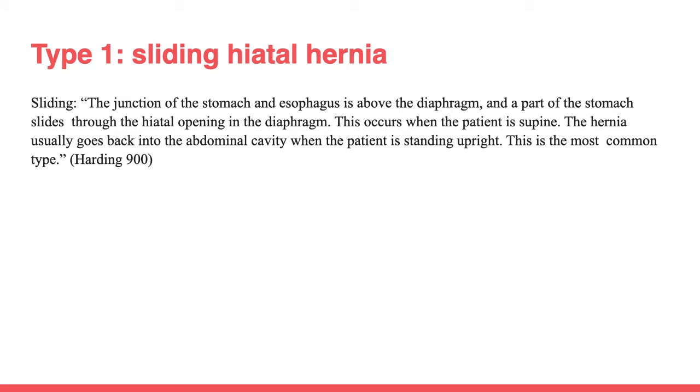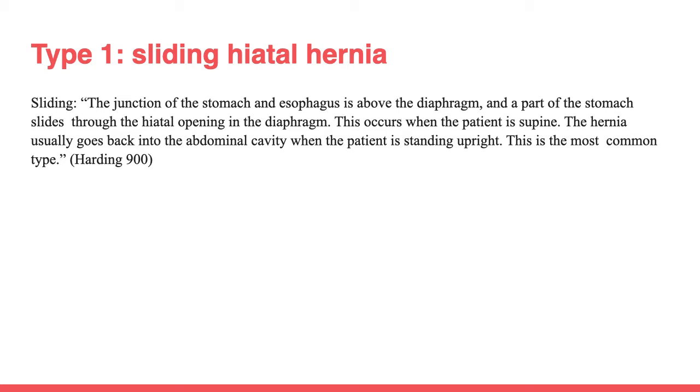Okay, and so now I'm going to dive into the first type of hiatal hernia, which is a sliding hiatal hernia. According to the textbook, it's when the junction of the stomach and esophagus is above the diaphragm and a part of the stomach slides through the hiatal opening in the diaphragm.